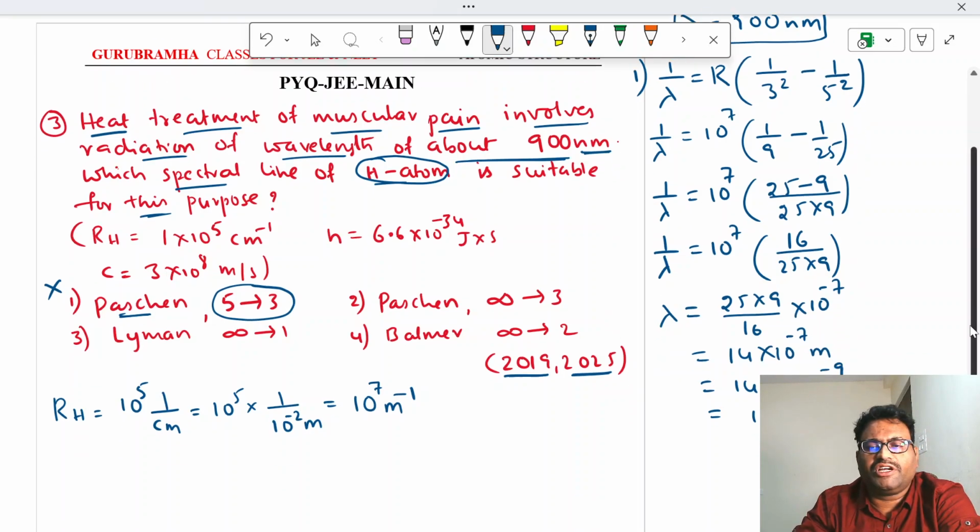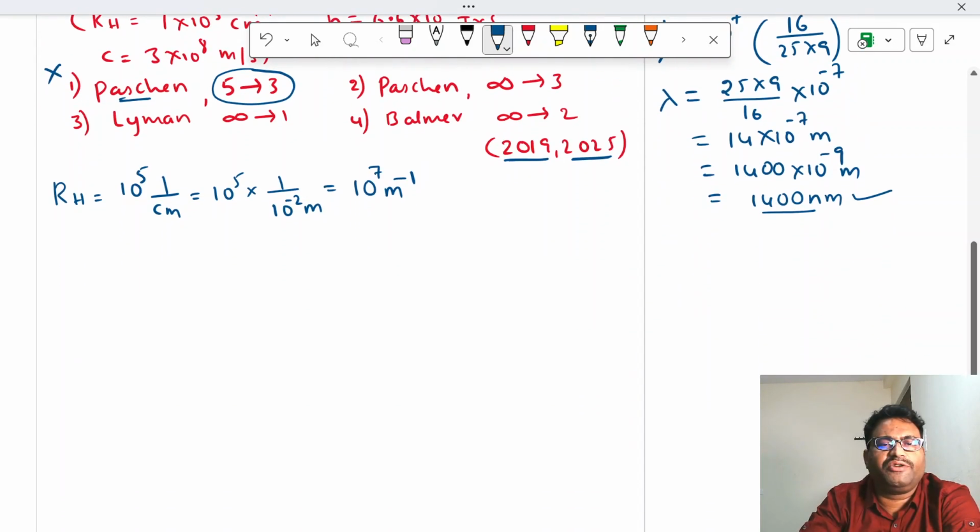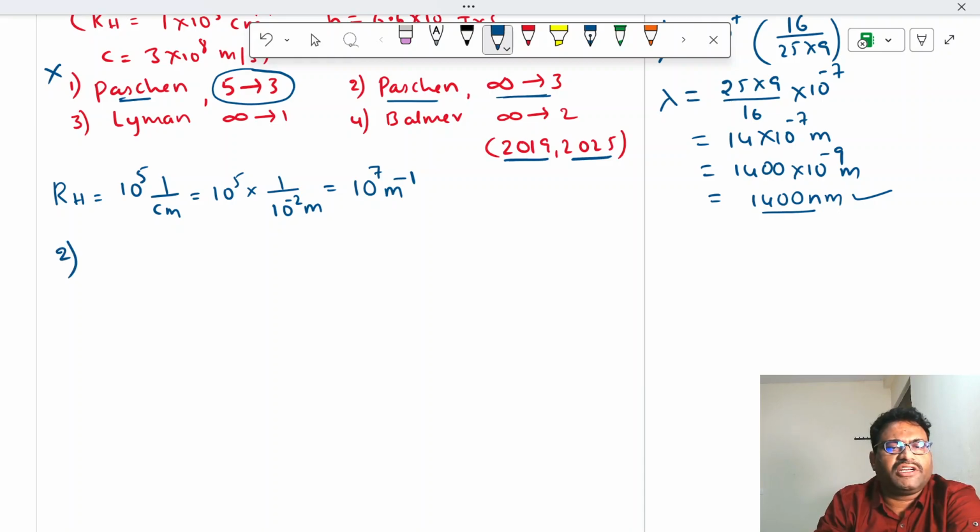Let us go with the Paschen series from infinity to 3. In the same way, the second option: 1 by lambda is equal to R into 1 by 3 square minus 1 by infinity square. 1 by lambda is equal to R by 9.